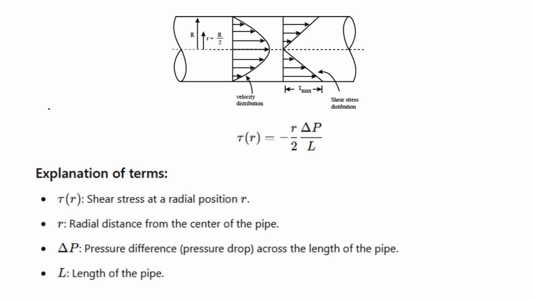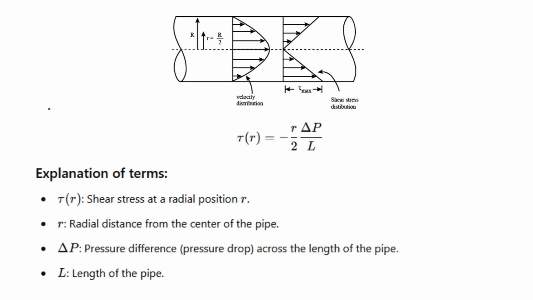So shear stress, which is called tau as well, is the force per unit area exerted by one fluid layer on another due to viscosity. It is given by the equation that you can see. The equation tells us that at the pipe center, r equals 0, shear stress is 0.